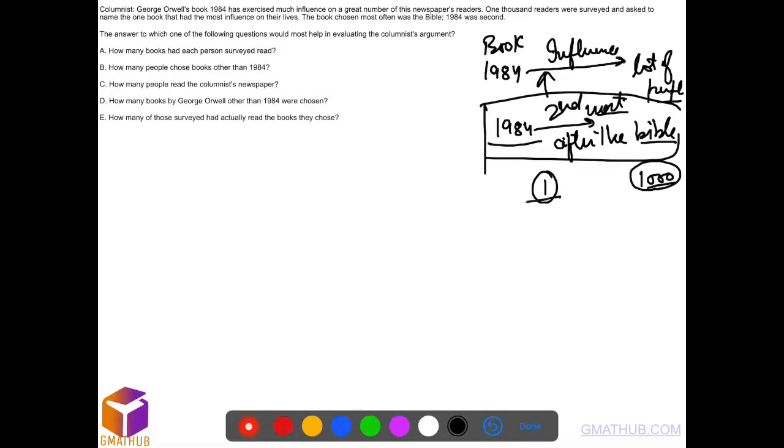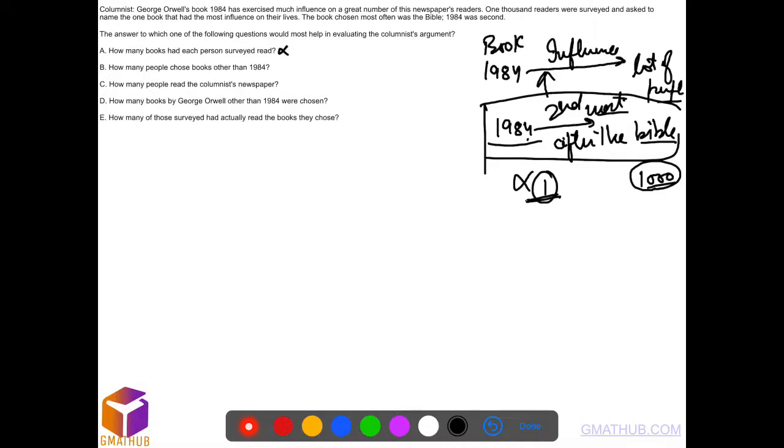But if a person has read only one book, which is 1984, let's say, then he'll mark only that book. Now, can we say that if he had read 20 or 50 more books, he would never mark 1984? He might still mark 1984. So we can't say this. This will alter the conclusion altogether.